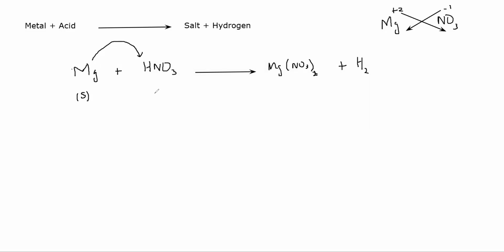It's aqueous, AQ. Magnesium nitrate, soluble or insoluble? All nitrates are soluble. So what will be the state? Again, it will be aqueous. And the last one, hydrogen, is a gas.